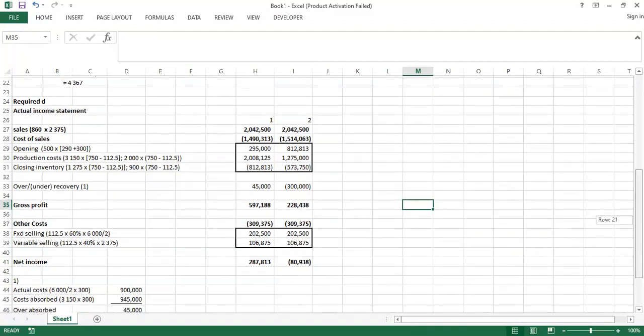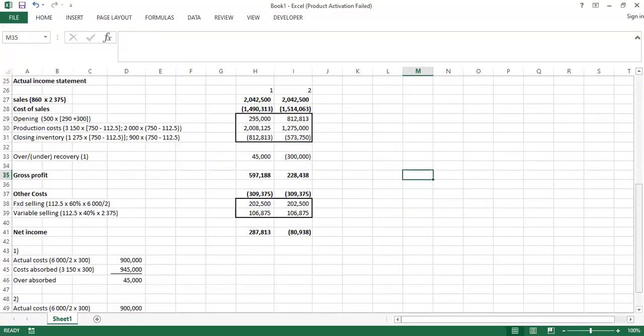Any questions? Are we all on the same page? Yes. All on the same page. Right. That's perfect.